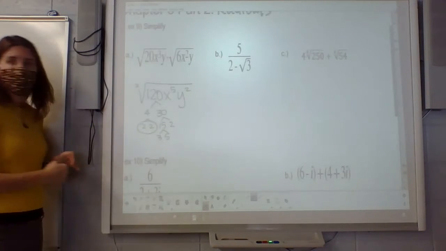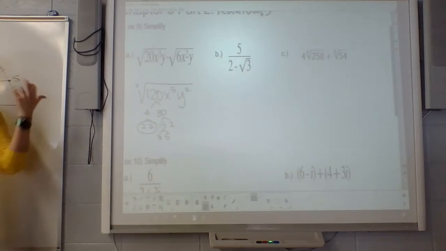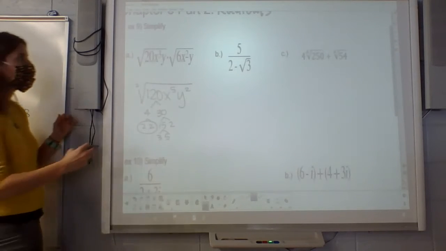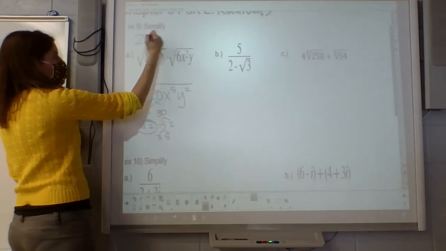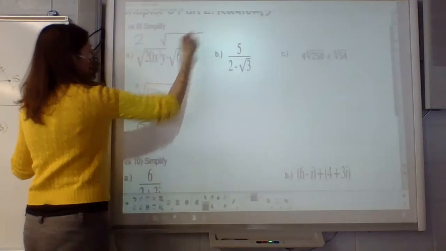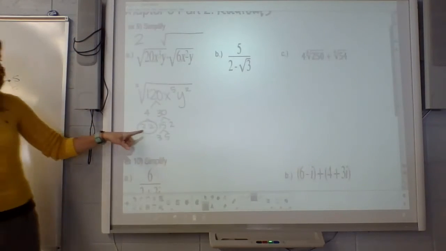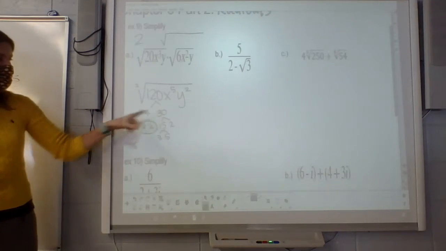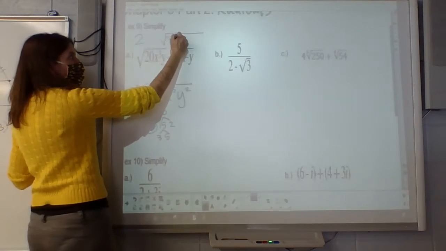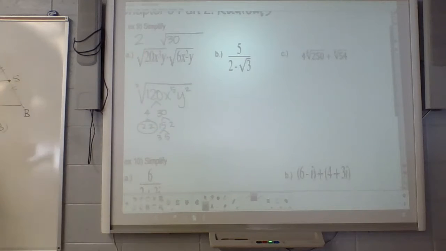So I have a pair of 2's. That means the 2 can come out. So I'm going to put that up here, because I'm running out of space down here. So the 2 comes out of the root. What's left inside is 3, 5, and 2, so 30 is left inside. So had you put this into your calculator, the square root of 120 simplifies to 2 root 30, I believe.